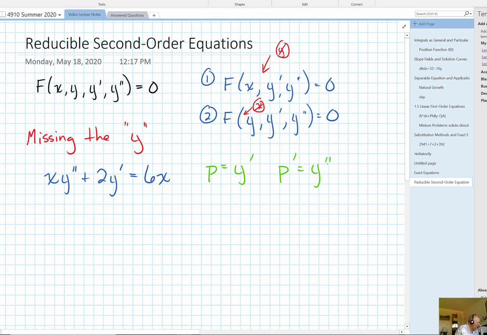Once we do that, we get the equation x p prime plus 2p equals 6x, instead of y prime we put p. And there it is in our reduced form.